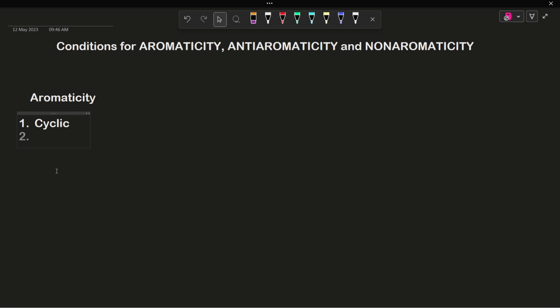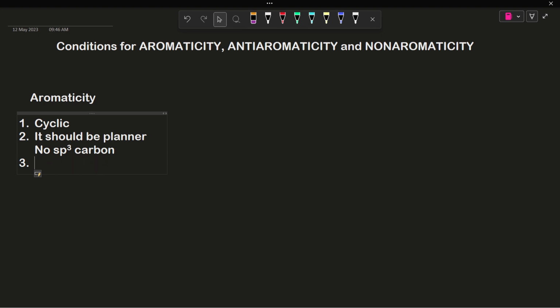The second rule is that it should be planar. By that I mean that it has no sp3 carbon. The third thing to mention is that the compound should show conjugation.